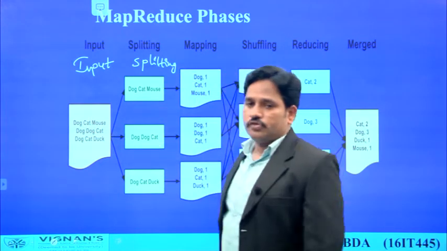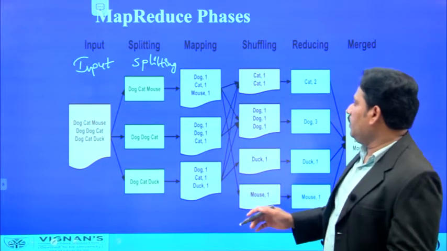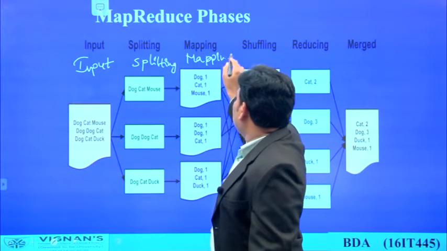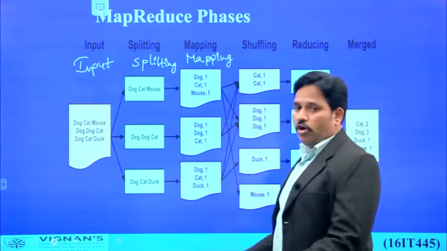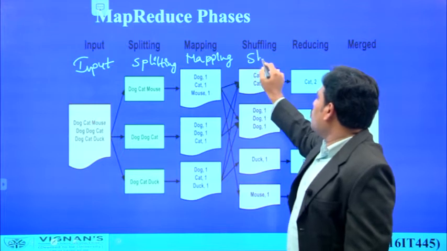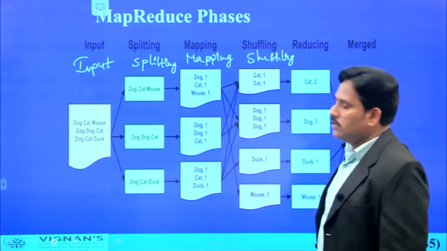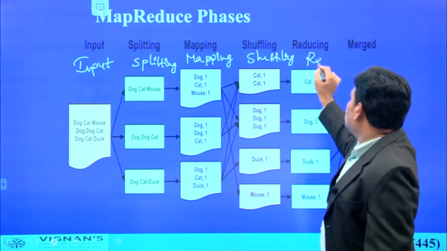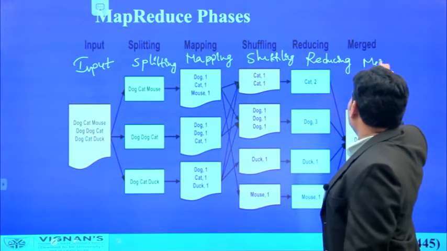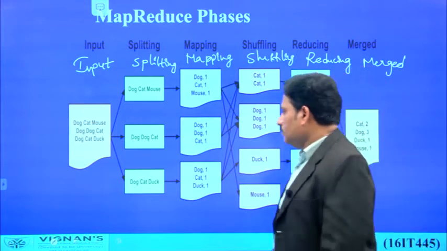After completion of splitting, all the words or the packets or the files are going to be mapped to each and every mapper in the form of files or jobs or tasks, and after completion of the mapping it is going to apply shuffling of the data or the files, and finally we are going to apply the reducing operation. Finally the outputs are going to be merged. These are the operations we will see in detail.